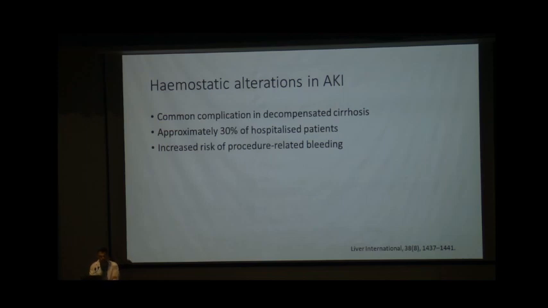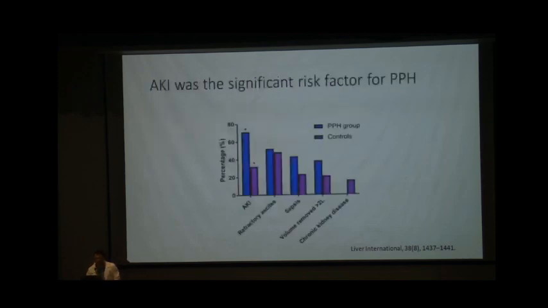It increases the risk of procedure-related bleeding. This was basically post-paracentesis hemoperitoneum. This was a study published in 2020, which shows the presence of AKI was the only predictor of post-paracentesis hemoperitoneum in patients with cirrhosis undergoing large volume paracentesis.